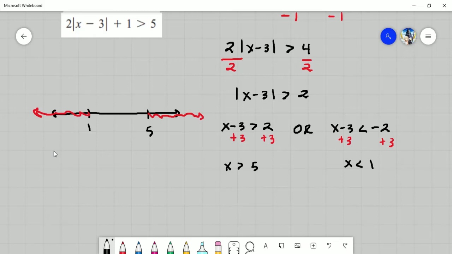So in order to write this as an interval notation, let's go back to the number line. So we know on the number line, the numbers just keep going and going, right? If we had 0 as our center line, we know every number to the left of 0 are negatives and every number to the right of 0 are positives.